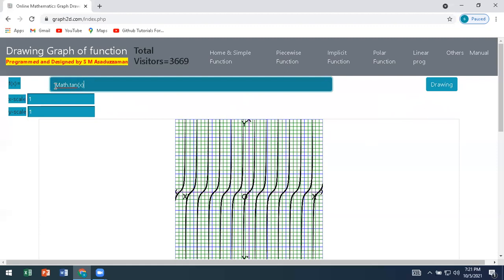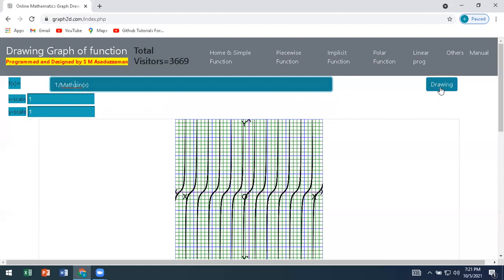If we draw cosec x, that means 1 by sin x. That means the cosec x graph.